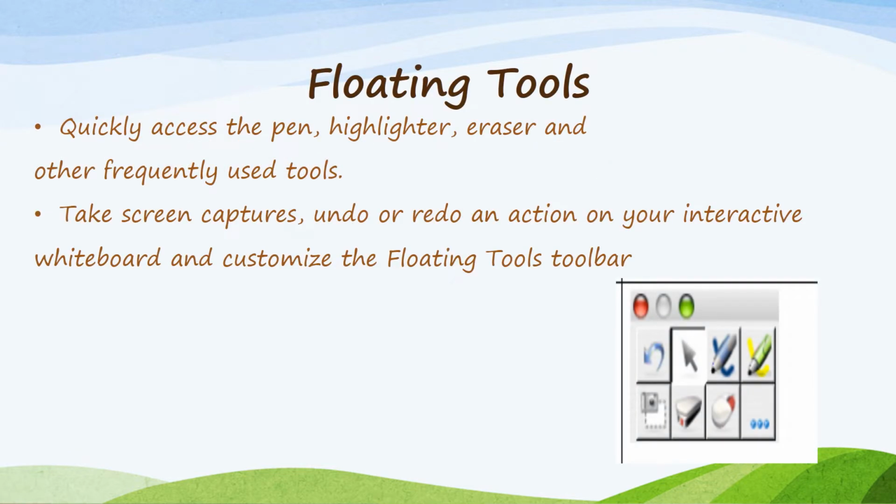These are the floating tools: quickly accessed pens, so the floating tools are the pen, the highlighters, the eraser, and other frequently used tools like taking screen captures, screenshots, undo, redo an action, or interact with the whiteboard, and customize the floating toolbar, to the right or to the left.